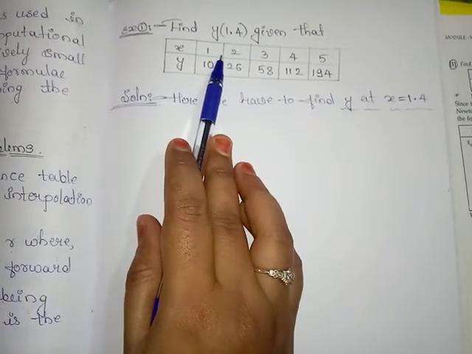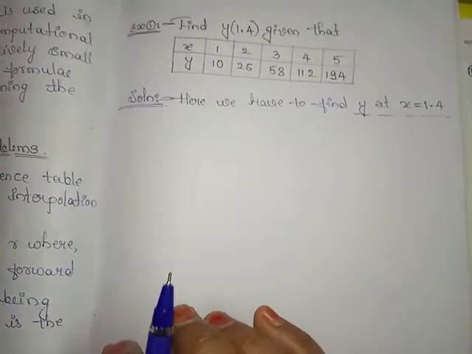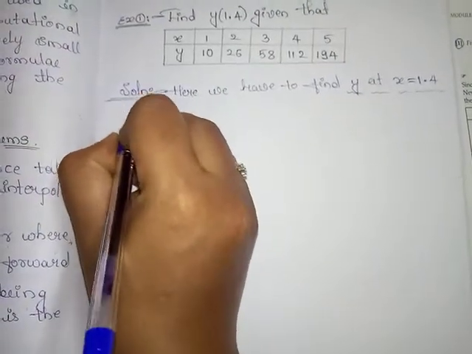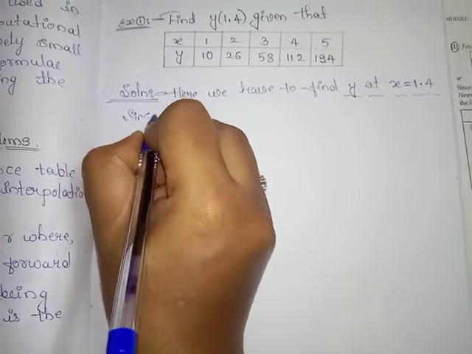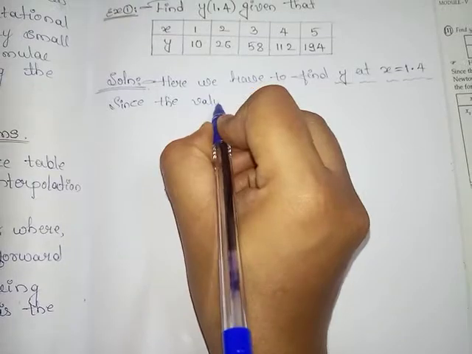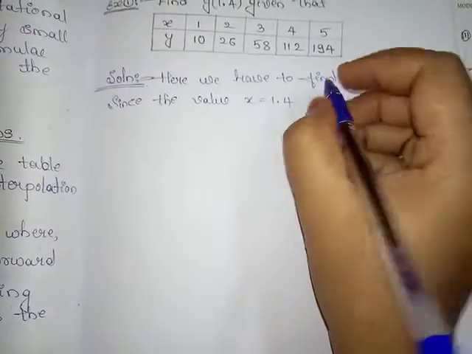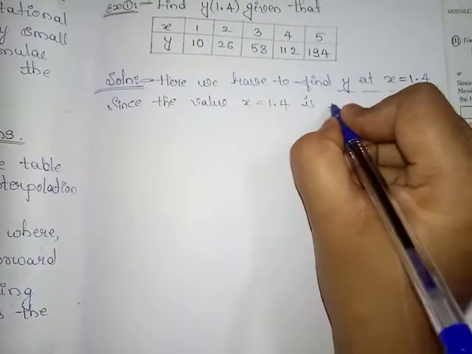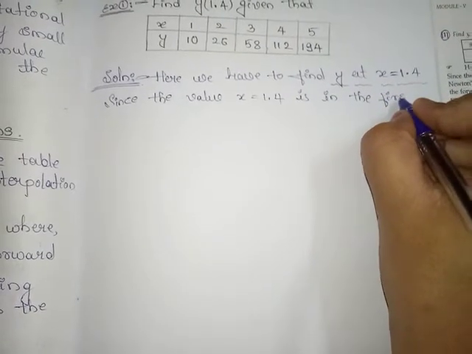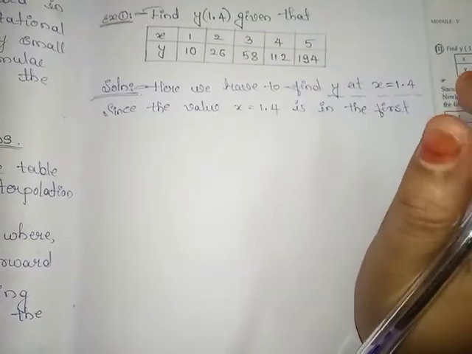If it lies in the first half, we have to use Newton's forward interpolation formula. We write here, since the value x is equal to 1.4 is in the... Since this is a first example, I am writing like this, otherwise it is not necessary.